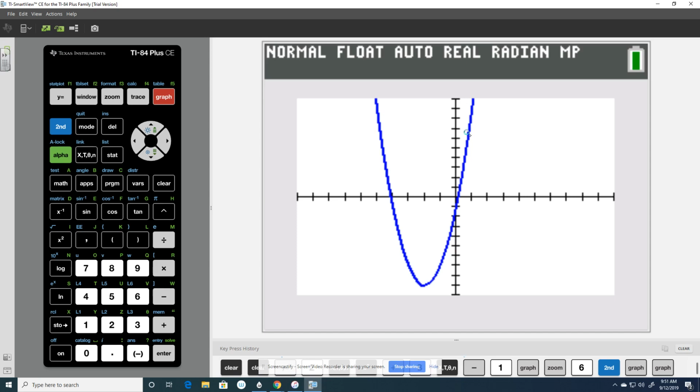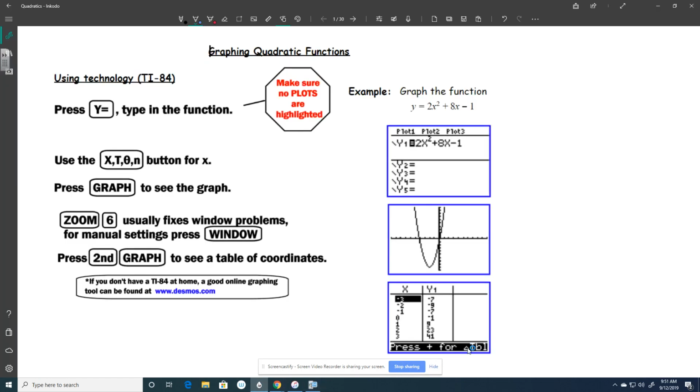So it gives you the points that are on this graph. Remember, that's what a function is. You put something in and you get something out. When I put a value in for x, it gives me an output, a y value. Okay, so that's how we graph using the calculator.